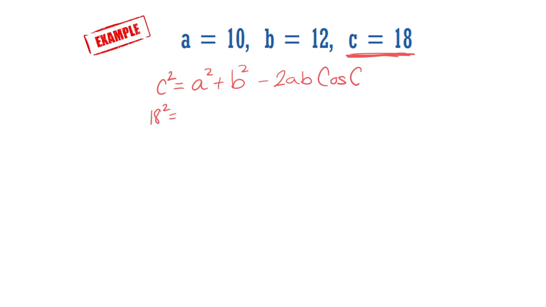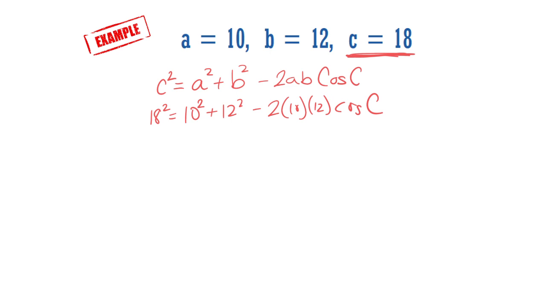All right, here we go. 18 squared is equal to 10 squared plus 12 squared minus 2 times 10 times 12 times the cosine of C. Now you start peeling away at this, and the big thing you don't want to do is add these up and then subtract this, because it's being multiplied right here, and this is tied together. So what we do first is move these two over to the other side.